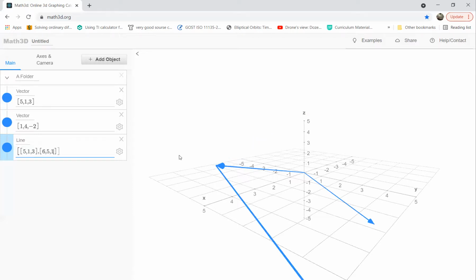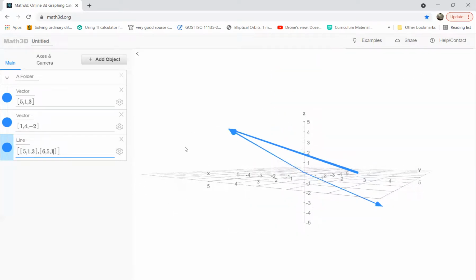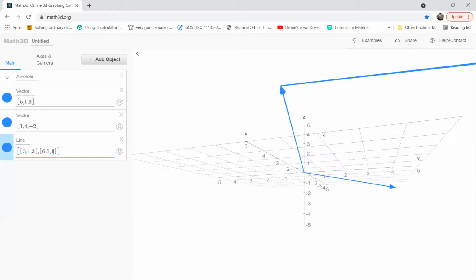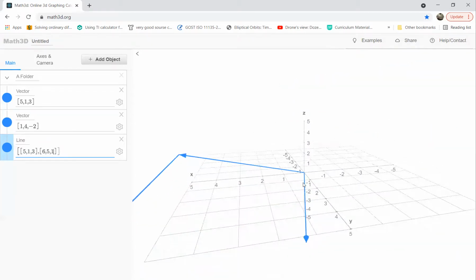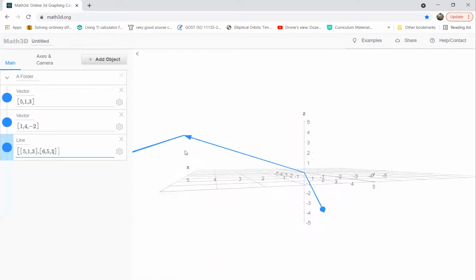That makes sense. Perfect. So as you can see, this is the equation of your line, which is parallel to your direction vector, and this is the initial point. It means that it passes through this point. You're going to think about this.